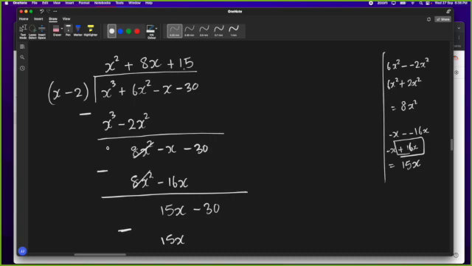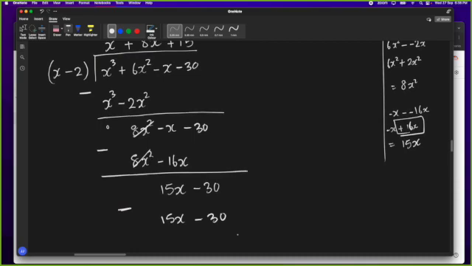And then 15 times minus 2 will give me minus 30. And you can see what's going on here, that you will get 0. Right? Minus 30 minus minus 30 is minus 30 plus 30, which is 0.